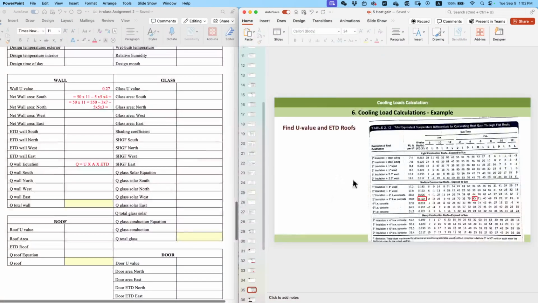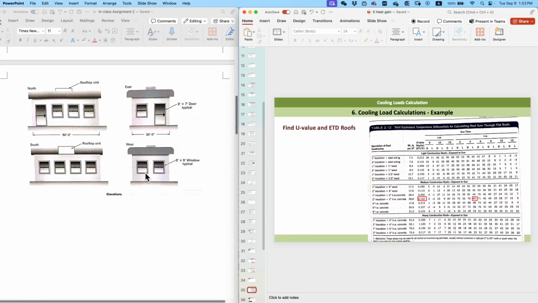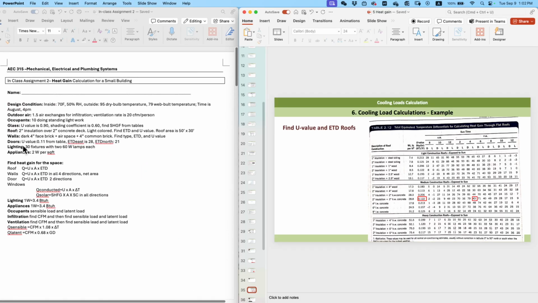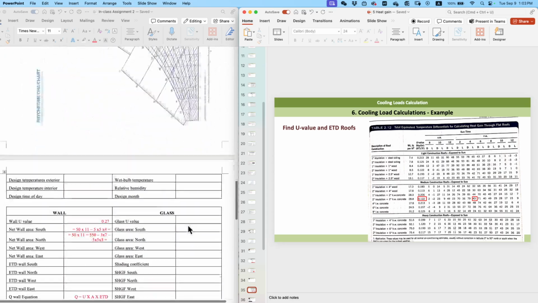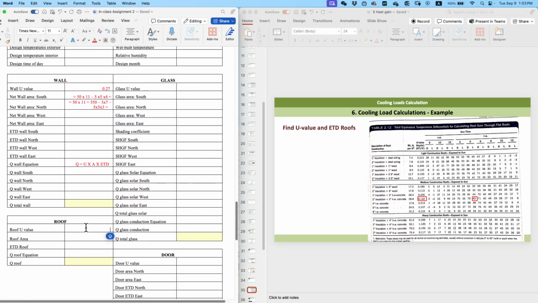From table. Let's see. You also can find from here, roof, 2 insulation over 2-inch concrete. So that's it, and what is U? 0.122. Okay, you can put right here.